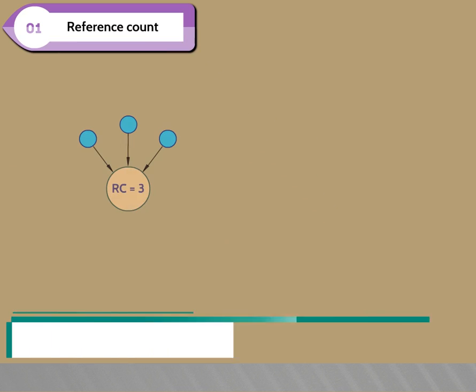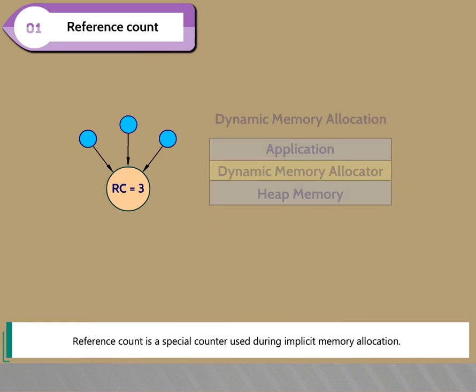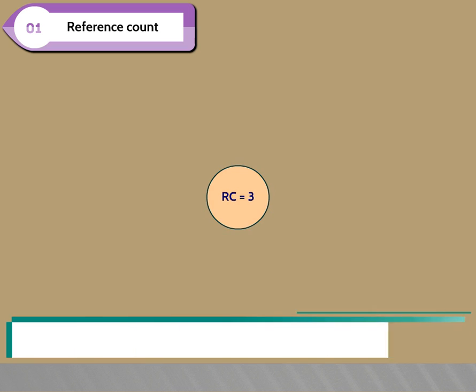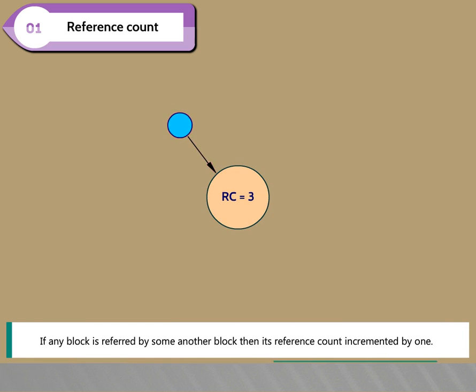Reference count. Reference count is a special counter used during implicit memory allocation. If any block is referred to by some other block, then its reference count is incremented by 1.